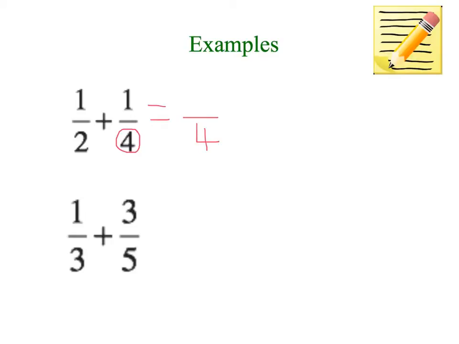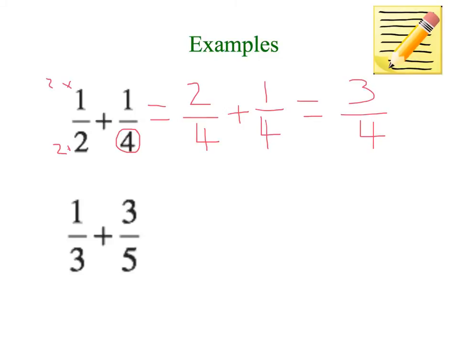So if we multiplied 2 by 2 to get 4, then we have to multiply 1 by 2. 1 times 2 is 2. So 2/4 equals 1/2. Then we can just add the other quarter in, and then we are just doing what we did before with the common denominators, because they're both common denominators there. So we keep the denominator the same and add the numerators together.